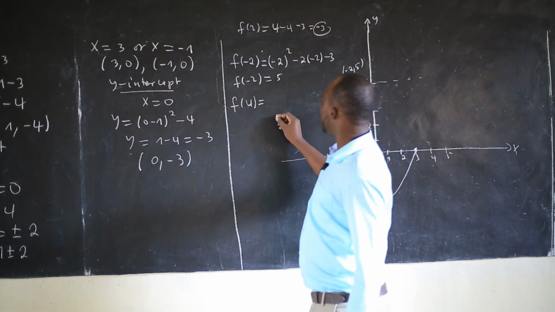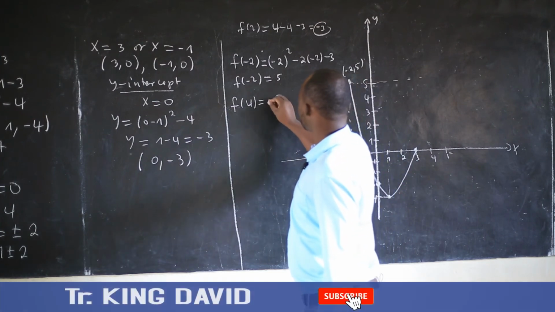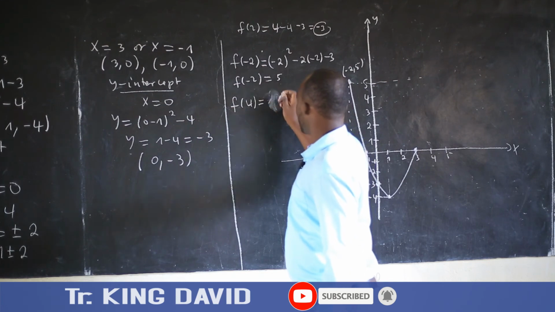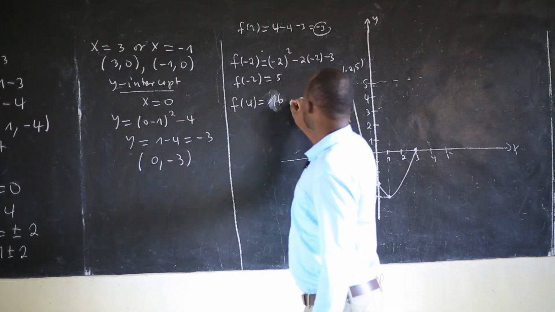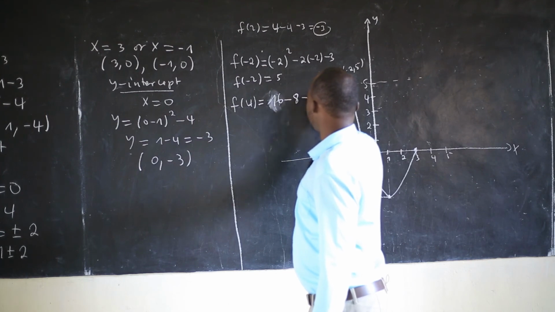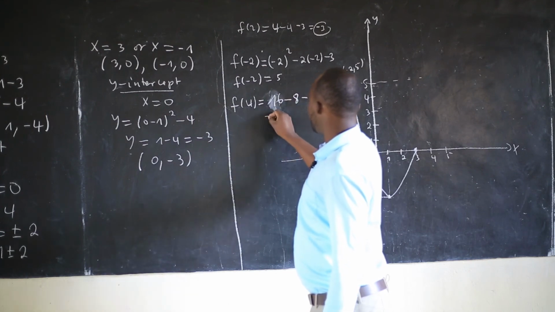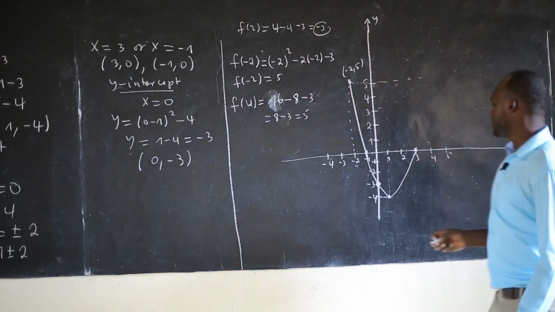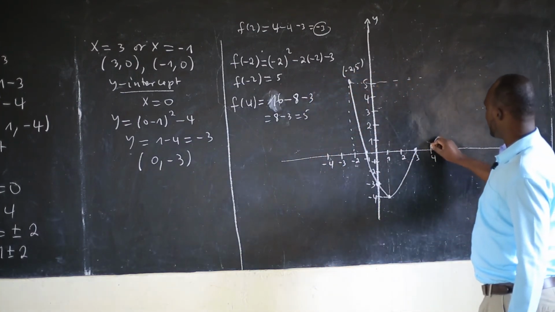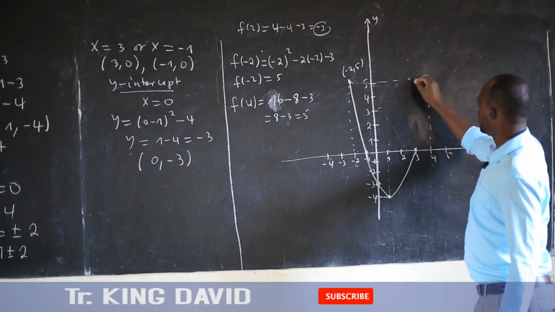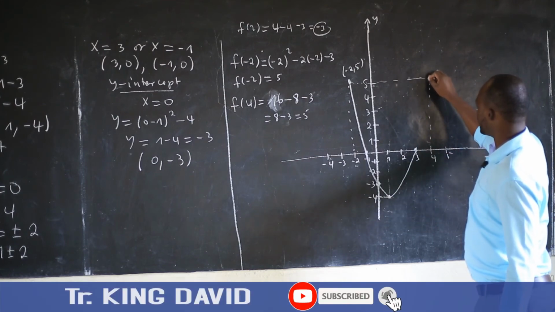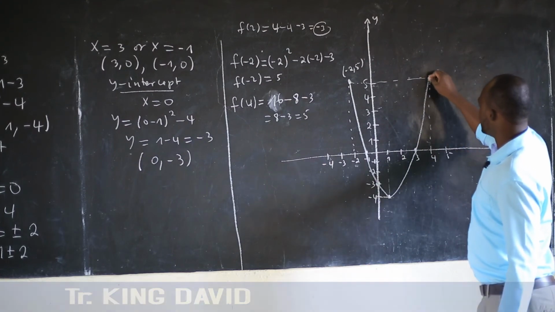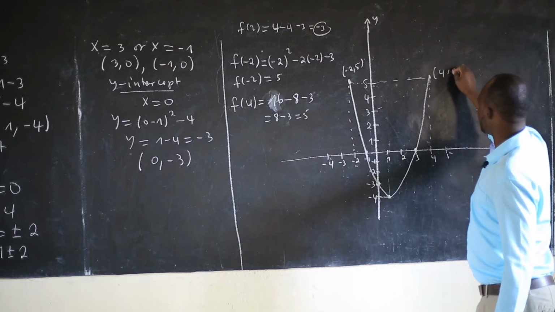So what is f of 4? f of 4 is 4 squared, which is 16, minus 8 minus 3. So it is 8 minus 3, which is 5. You see, f of 4 is 5, which means 4 to 5 is here. So this point is (4, 5).